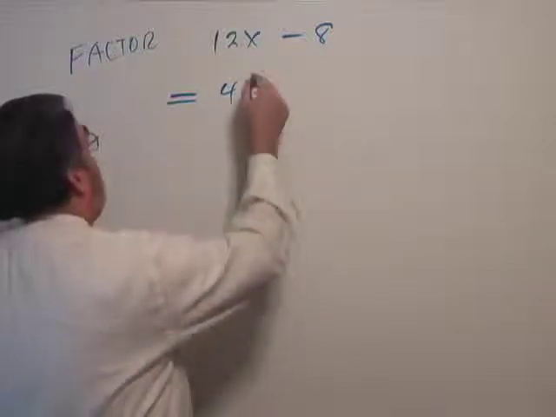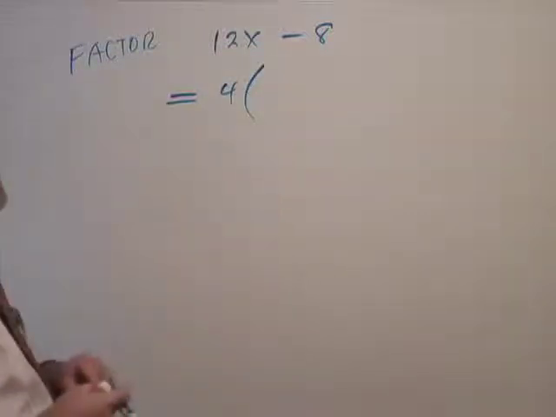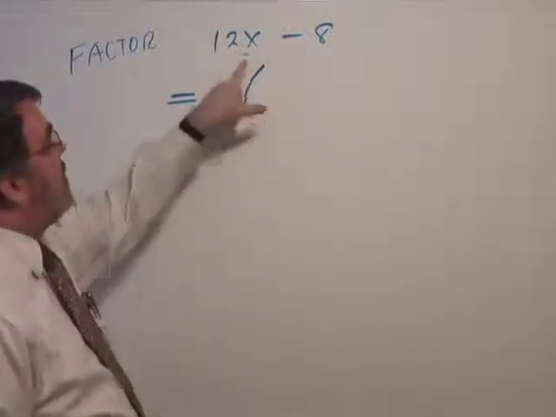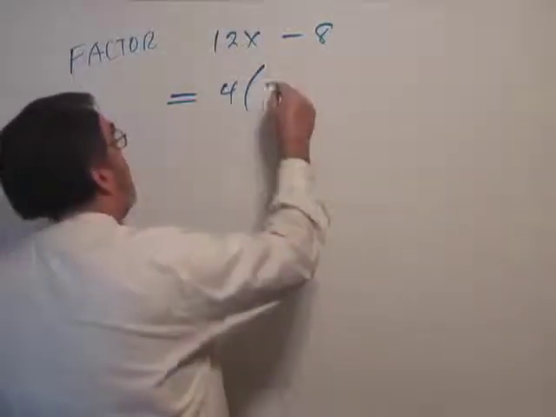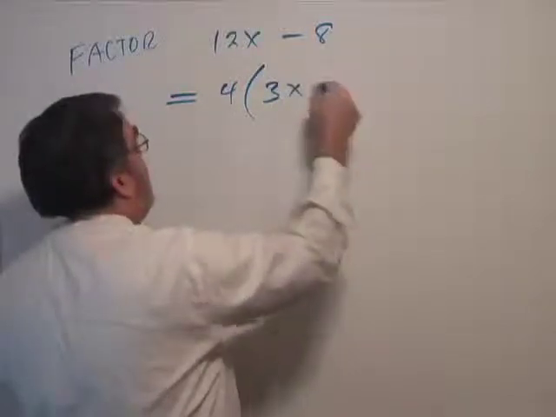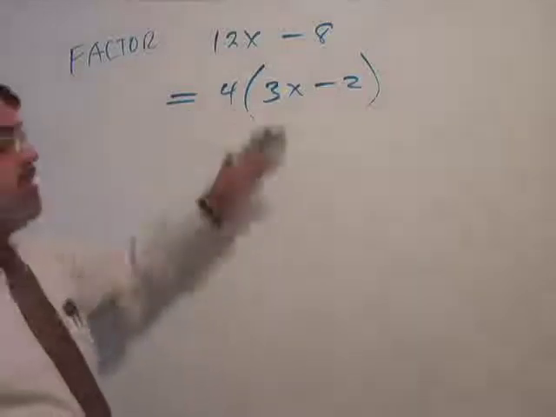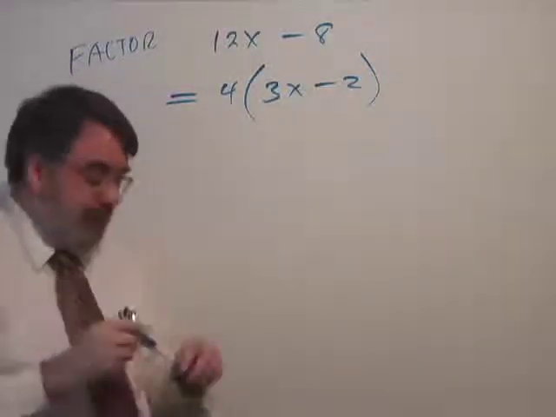So I'm going to write a 4 here, draw parentheses, and what I put inside comes from division. 12x divided by 4 is 3x, and 8 divided by 4 is 2, but there's also the minus sign. So I have 4 times the parentheses 3x minus 2.